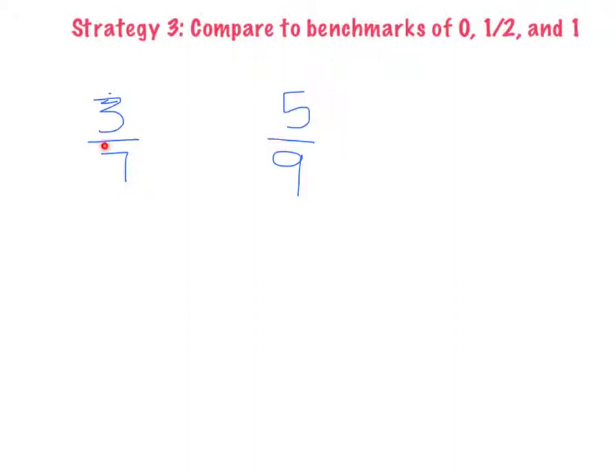So I can see that 3/7 is just a little bit less than half. For 5/9, half of 9 is 4.5, so 5 is a little bit bigger than that. So 5/9 is a little bit bigger than 1/2. From there, I can see that 3/7 is less than 5/9.